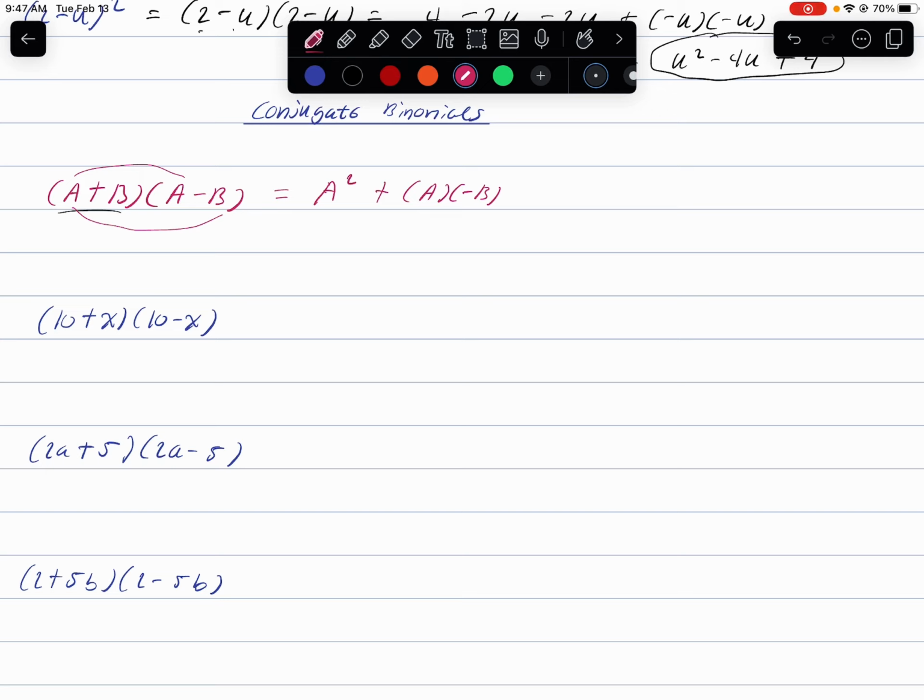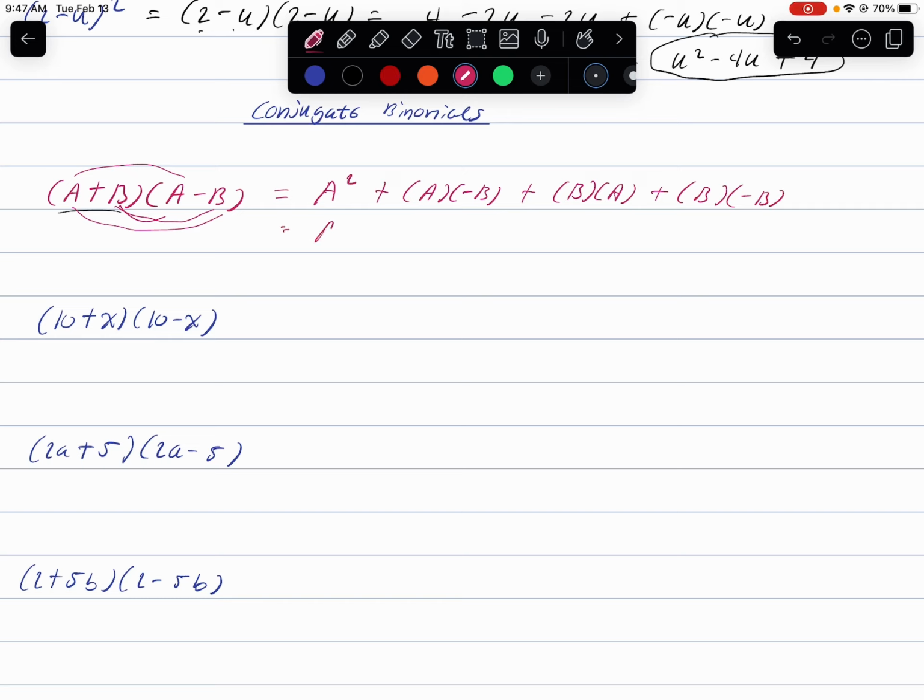And then you'll have our inners, which is b times a, or we can write this as b times a. And then we'll have b times negative b for our lasts, so plus b times negative b.